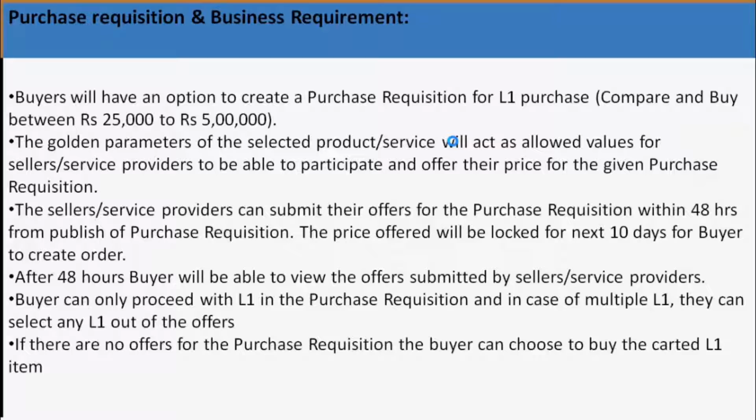The golden parameters of the selected product or service will act as allowed values for sellers or service providers to participate and offer their price for the given purchase requisition. The sellers or service providers can submit their offers within 48 hours from the publish of the purchase requisition. The price offered will be logged for the next 10 days for buyers to create an order.